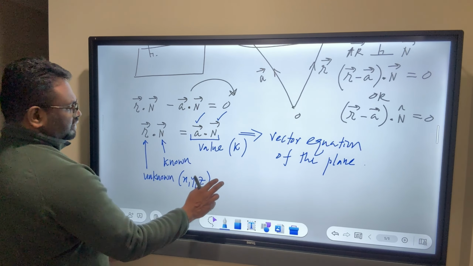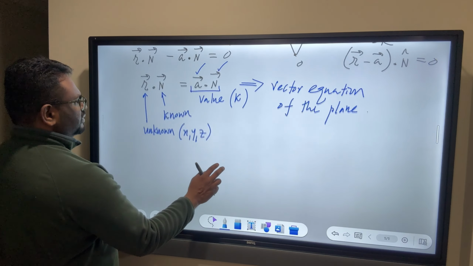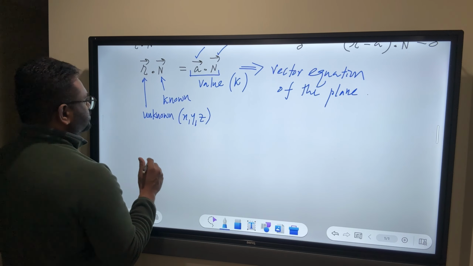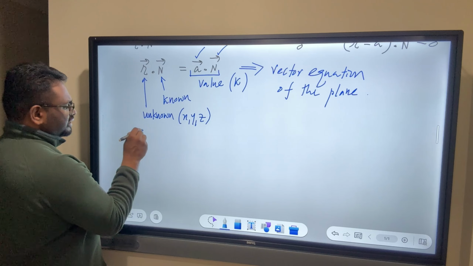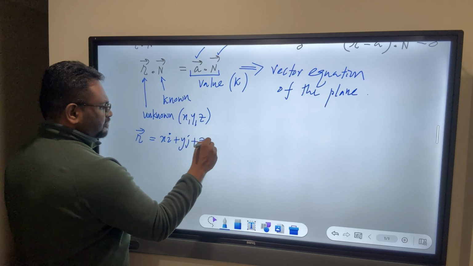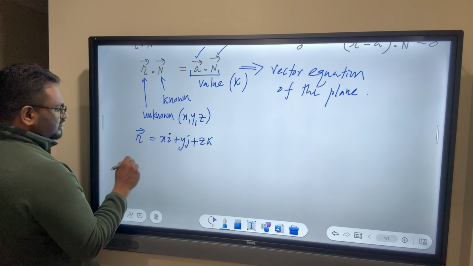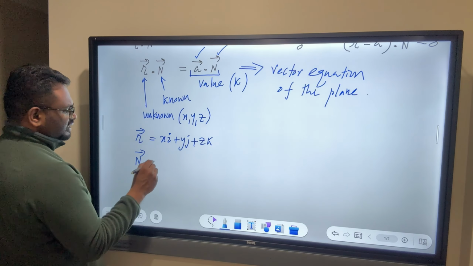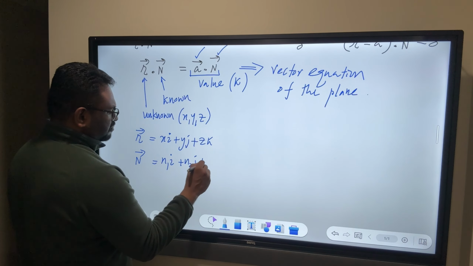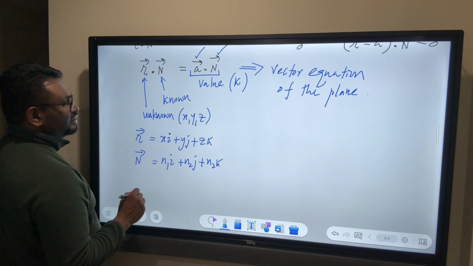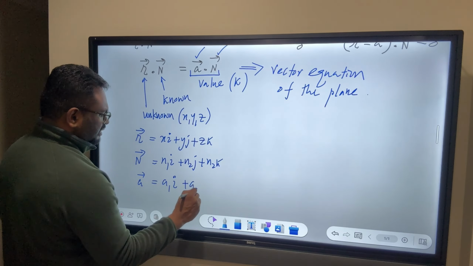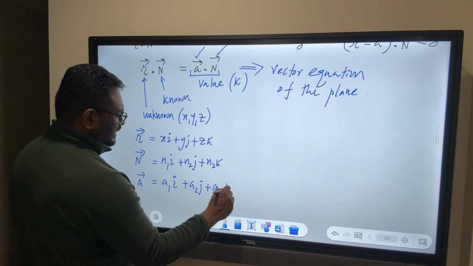Okay. Now let's think about this. Let's think about the R vector as xi plus yj plus zk. Then the N vector is n1i plus n2j plus n3k. Then the A vector would be a1i plus a2j plus a3k.